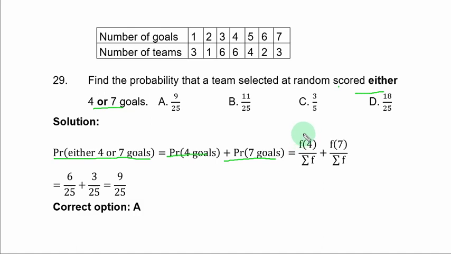And this means frequency of the teams that scored 4 goals over total teams plus frequency of the teams that scored 7 goals over total teams. Those that scored 4 goals, they are 6. Those that scored 7 goals, they are 3. That is 6 over 25 plus 3 over 25. You have like fractions. You simply add the numerators and you have 9 over 25. A is the correct option.